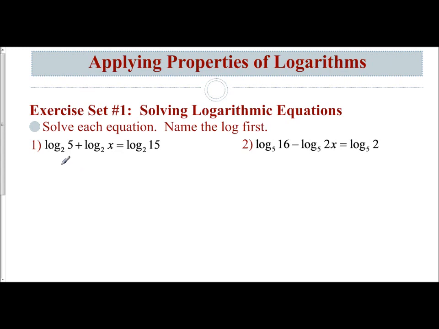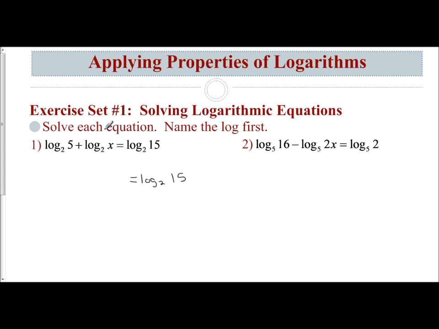What I'm going to look at first is what's going on. My right side is perfectly fine. There is one log all by itself. So I am not going to change the right side. However, if I look at the left side, I see I have more than one log. So what needs to go through my mind is how am I going to combine them?